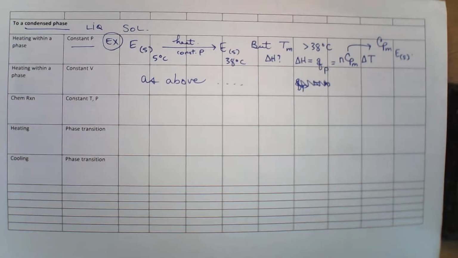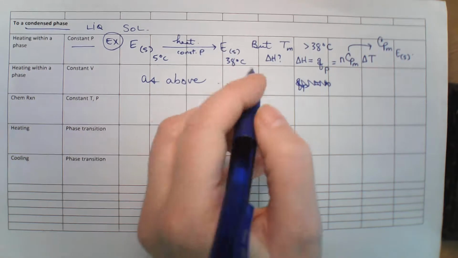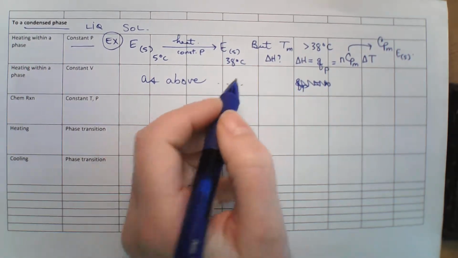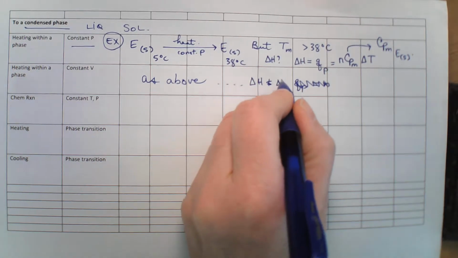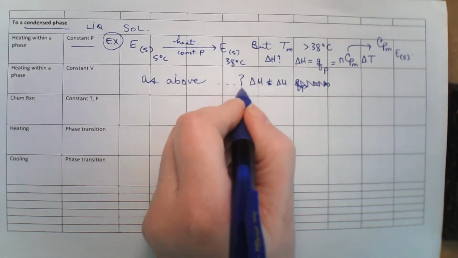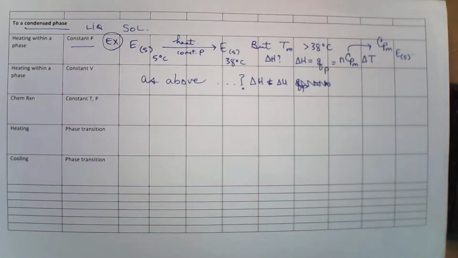We had talked about the difference, it is on your need to know sheet. We had talked about the difference between delta H and delta U for a solid state or a liquid state, and it's really all about the difference in density.